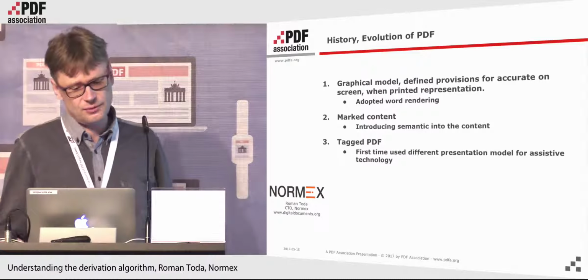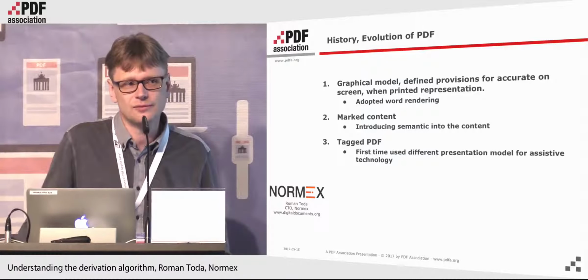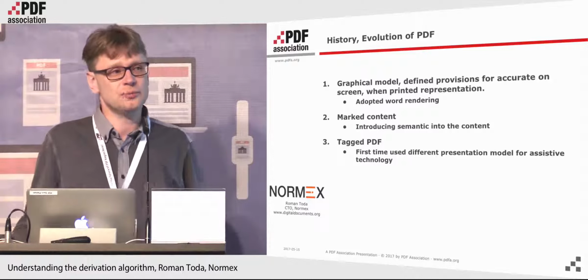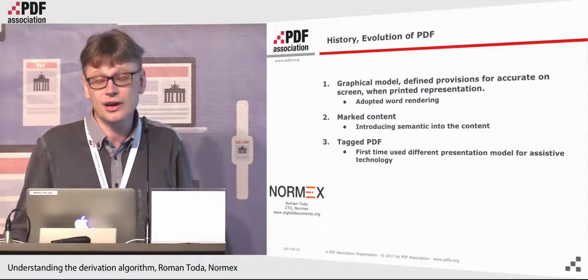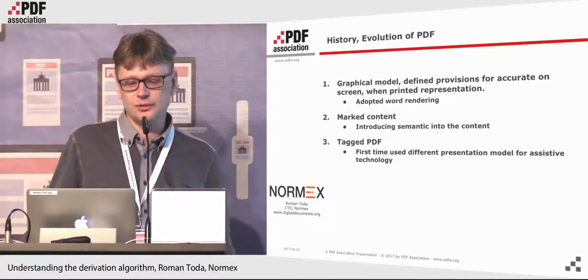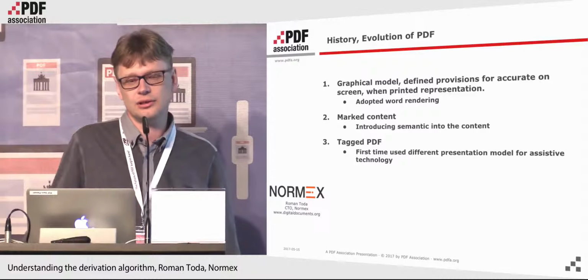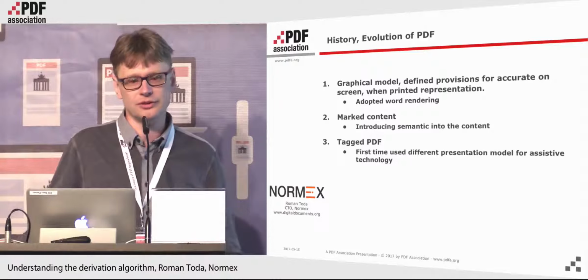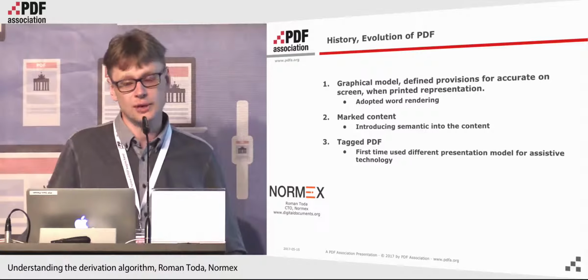So PDF was introduced to the world like 25 years ago, with the basic idea of how to interpret a page on a device. So we started purely with the graphical model. We defined provisions in the PDF for accurate rendering on a screen or on paper.